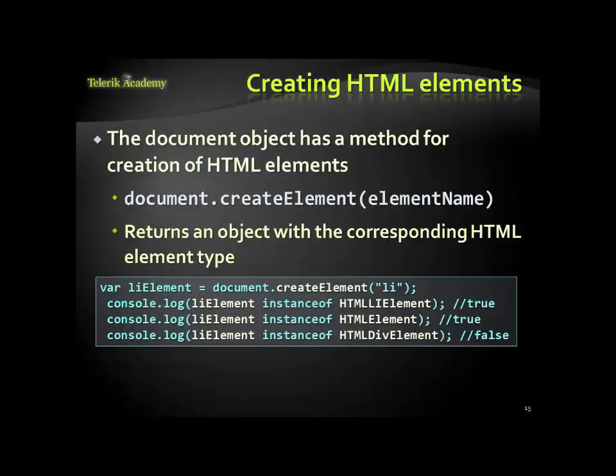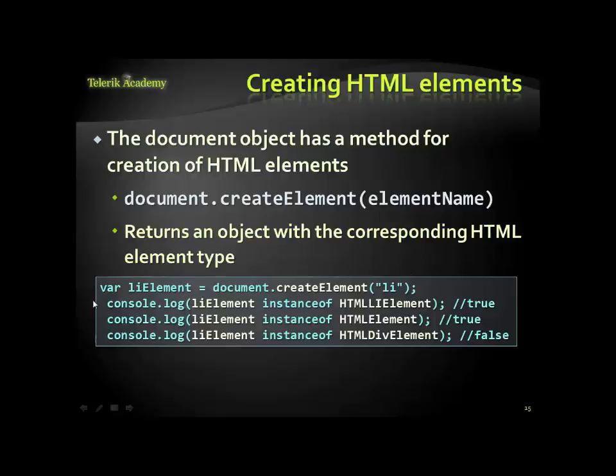So we saw one way that we can manipulate it once we get the HTML itself in a string, and we can add elements to it just by changing the HTML manually. One option to create elements is to use the document create element method that will create an element with a specific tag name, and it will return it to us.